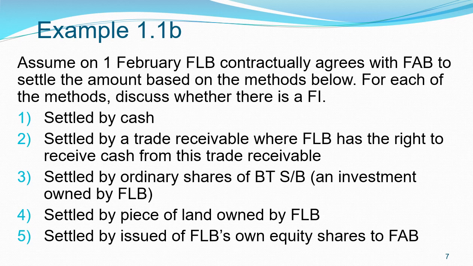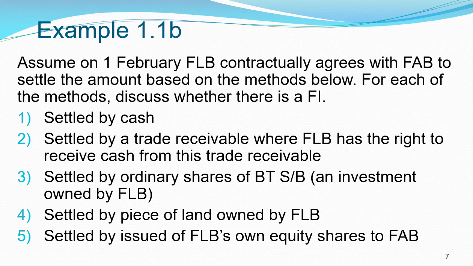Let's look at another scenario in example 1.1b. Assume on 1st February, FLB contractually agrees with FAB to settle the amount based on the methods below. For each of the methods, discuss whether there is a financial instrument. Settlement 1 is to settle by cash.